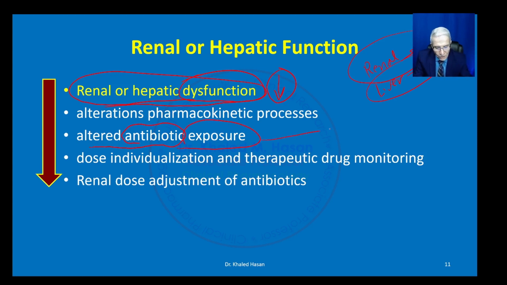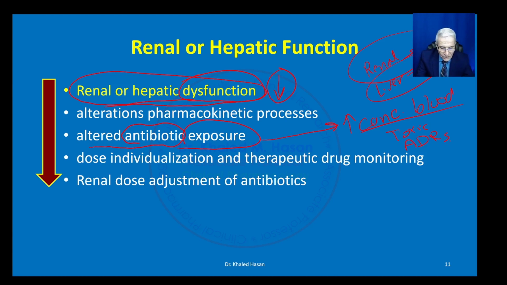Increased exposure makes us think about increased concentration of the antibiotic in the blood, and this may cause toxic effects or adverse drug reactions. Okay, we are going to cover that with some examples.